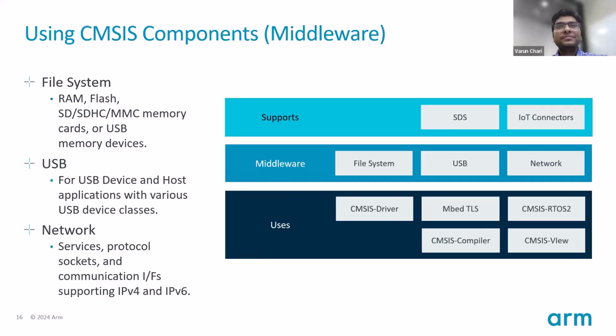So the silicon providers just need to implement this, for example the file system, using the APIs exposed by the CMSIS driver, and it supports other basic connectors like synchronous data streaming and IoT connectors, which helps you develop your application in a faster way because the APIs are standard. There is no fragmentation, there is no duplication, so there is not much of a learning curve in this case, and you can start developing the application easily.